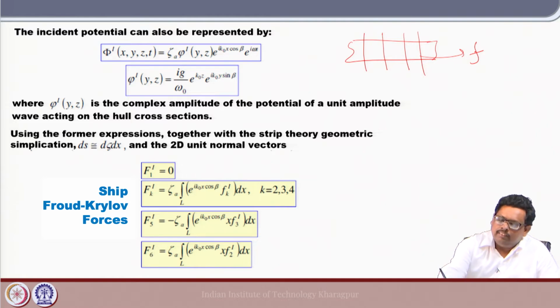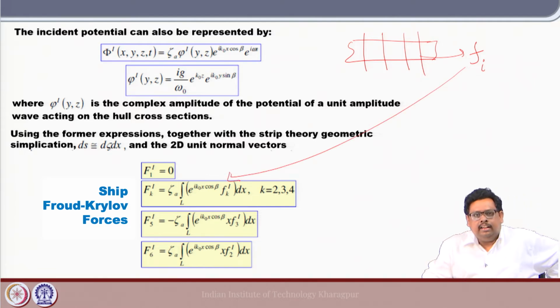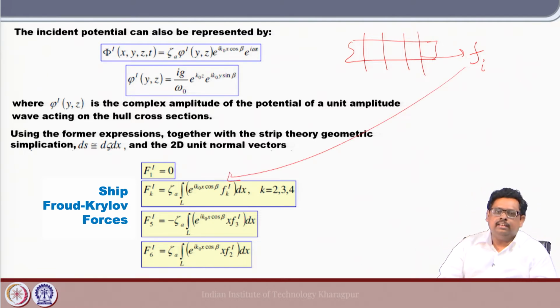So, let us take small f i as the sectional force, and then if you integrate this sectional force over the line, that means over the length, we can get the total fluid scalar force.